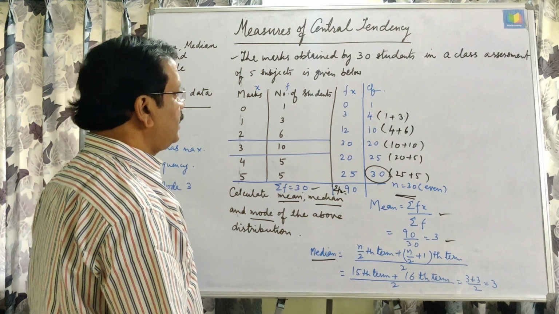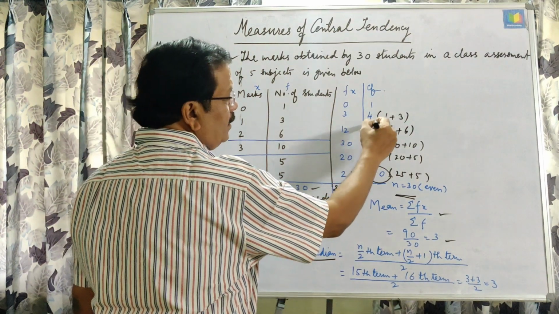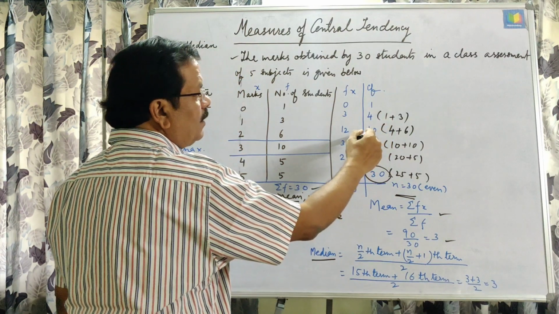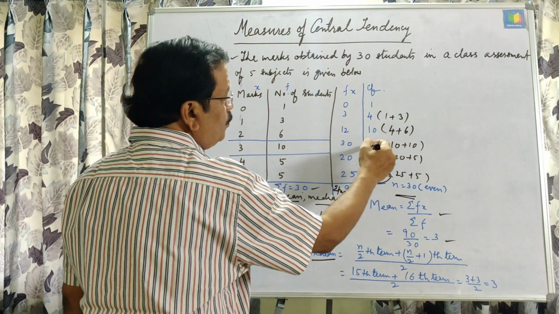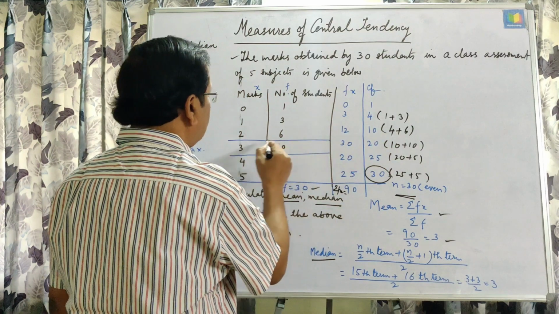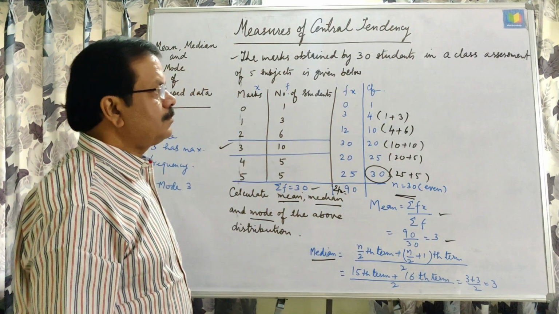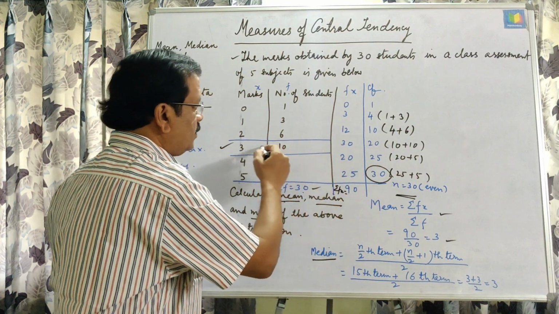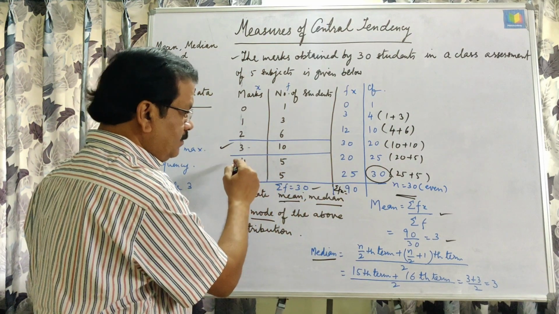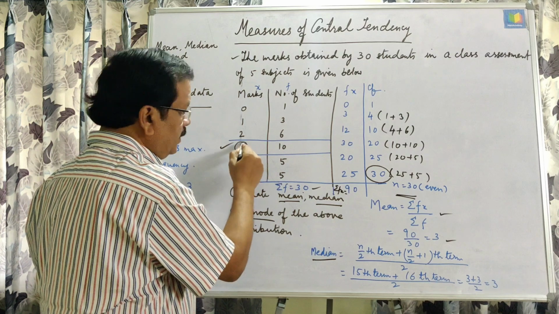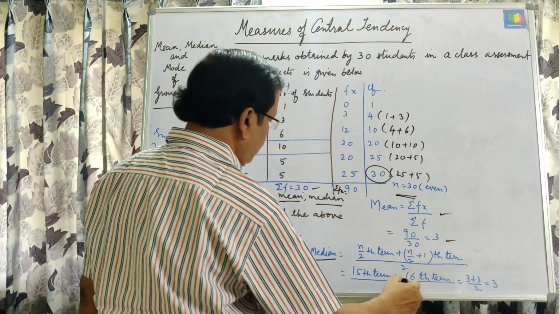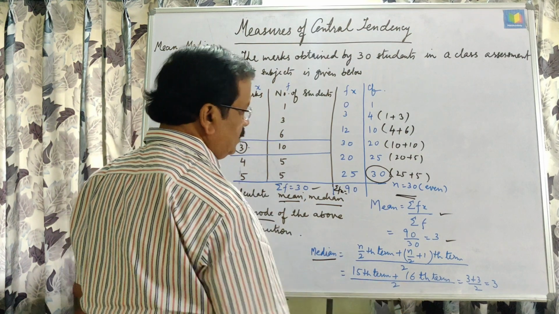Now here we can see that the cumulative frequency from 10 to 20 is coming in this row. The 15th term will be in this row, and that is why this value will be 3, and the 16th term will also be here, this is also 3, and we are getting the median 3.